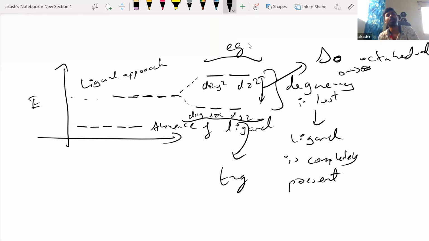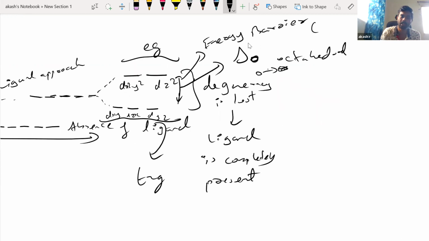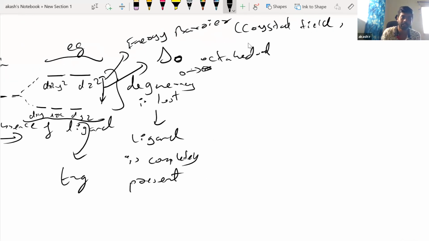This energy difference is what is called the energy barrier, or, using a more technical term, the crystal field splitting energy. So the energy difference between the EG set and the T2G set is called the crystal field splitting energy.